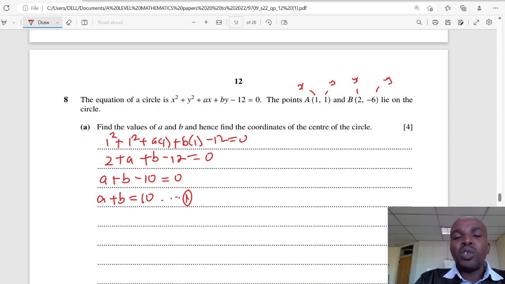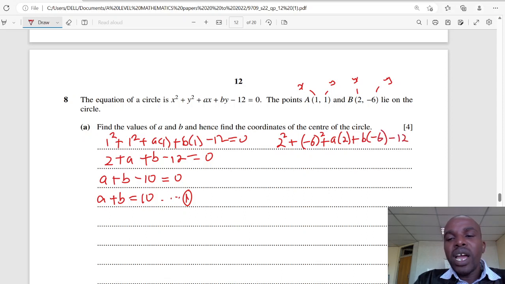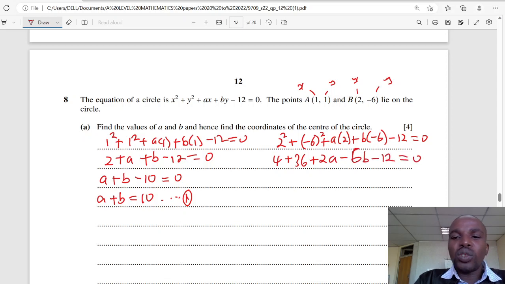Right, then you substitute the other values, x = 2, y = minus 6. Where there's x, you put 2 squared plus y, which is minus 6 squared, plus a, where there's x, you put 2, then plus b times minus 6, minus 12 is equal to 0. Then 2 squared is 4, plus minus 6 squared is 36, then plus 2a, then minus 6b, minus 12 is equal to 0.